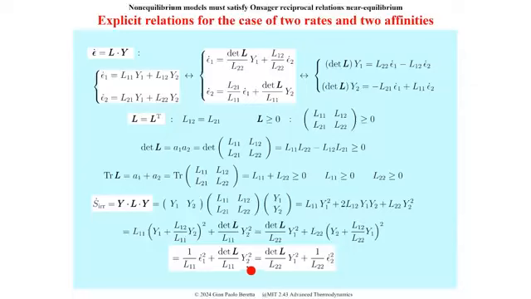Now, this is just a reminder of simple mathematics: when you have a system like a 2 by 2 matrix L, what is the consequence if the matrix is symmetric and positive semi-definite or non-negative.